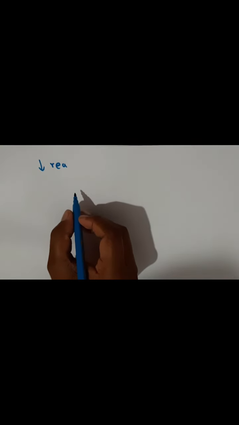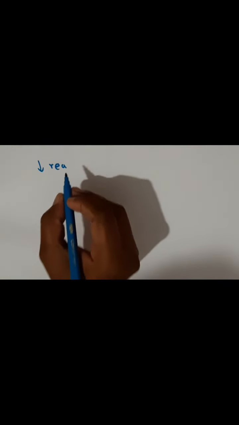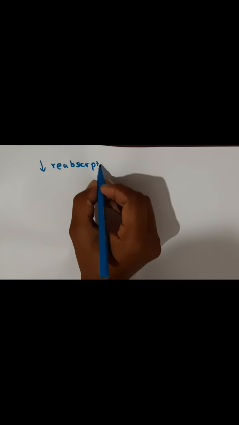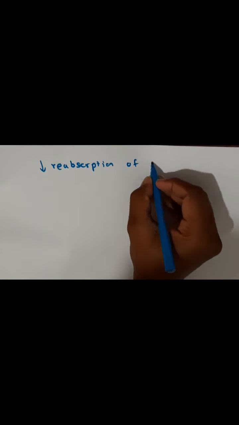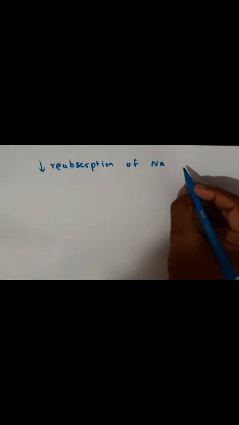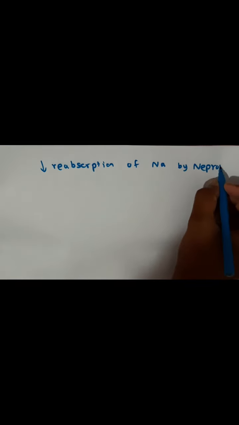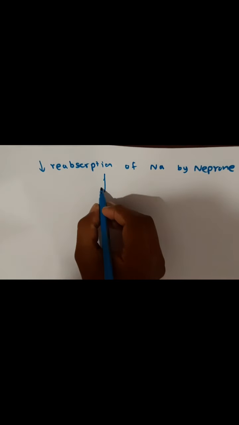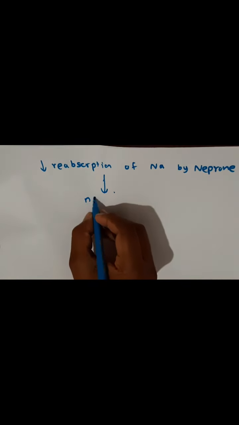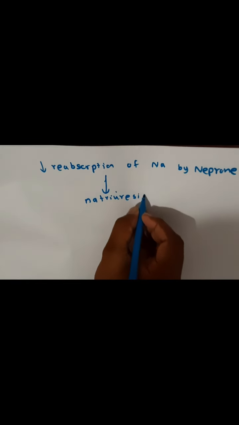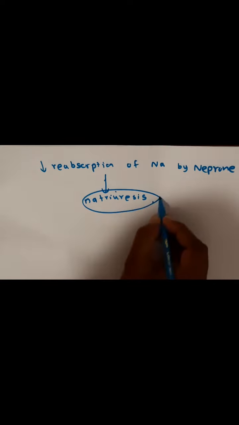First of all, a diuretic reduces reabsorption of sodium by nephron. Because of this, natriuresis may occur. That means high level of sodium in the kidney.